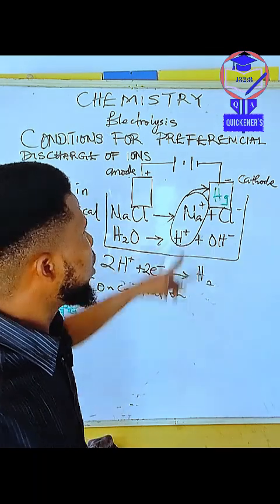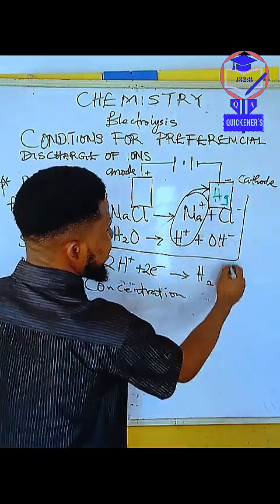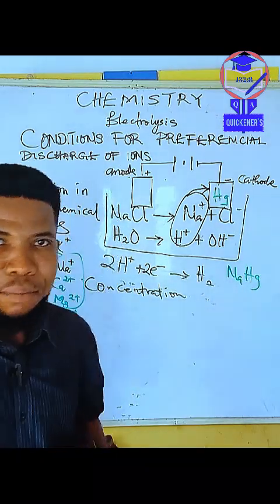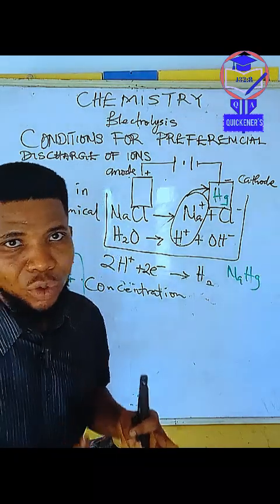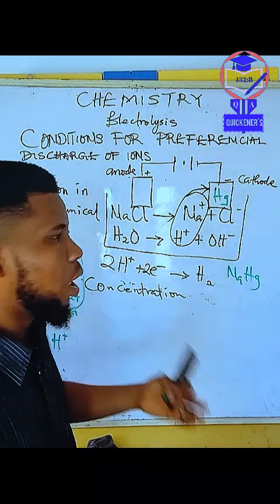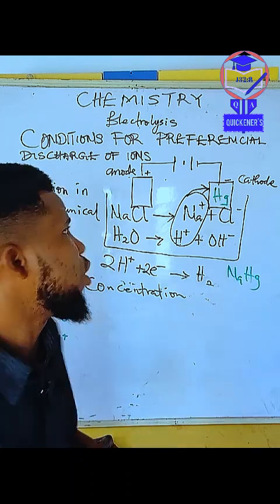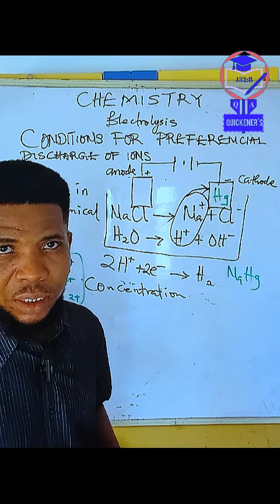Why? Because mercury and sodium tend to form what we call sodium amalgam. The affinity between mercury and sodium is very high, so it will play a huge role when it comes to the discharge of the ion. Are you getting it now?